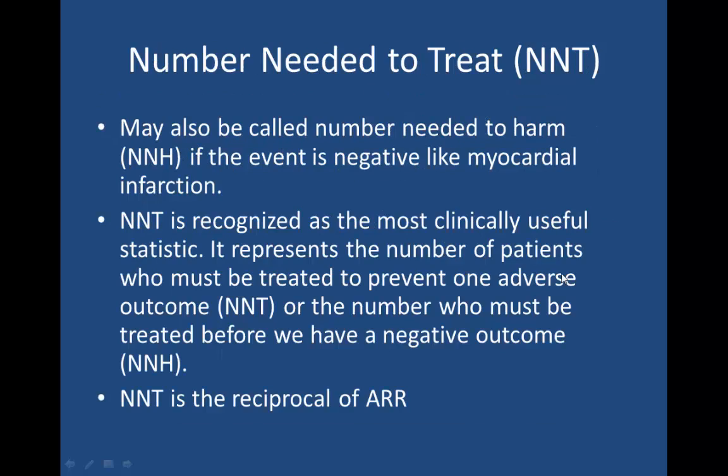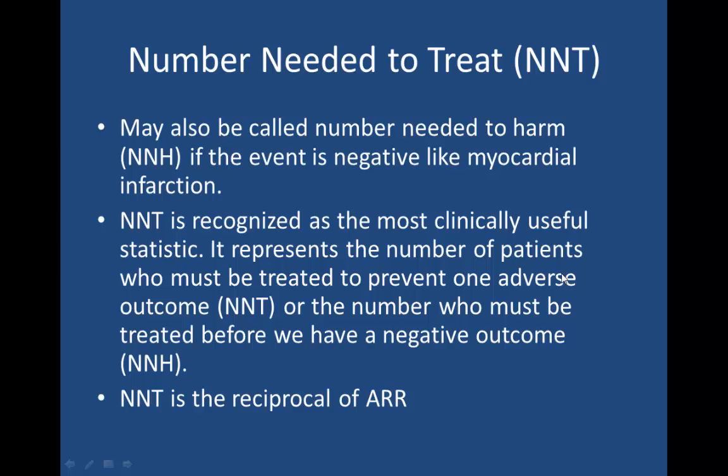Okay. Number needed to treat. To calculate a number needed to treat, I need an ARR. I need an absolute risk reduction because NNT is the reciprocal of absolute risk reduction. What is number needed to treat? It can also be called, if it were a harmful outcome, the number needed to harm.